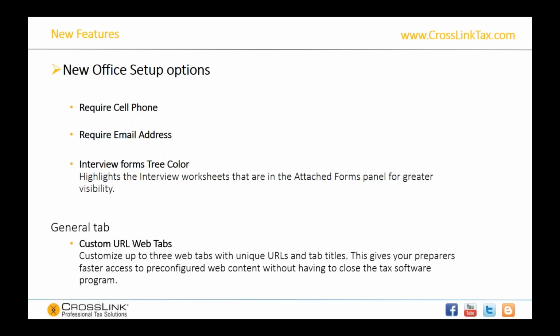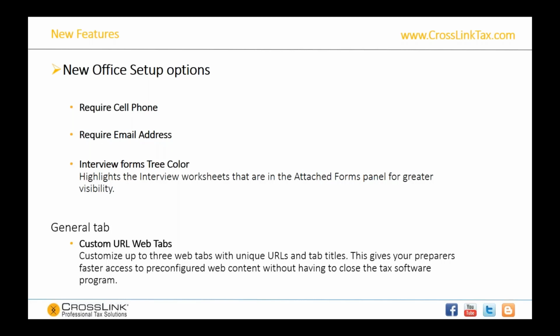Now let's take a look at the General tab. This is an interesting new feature that we've launched here with CrossLink 2020. This allows you to create additional web tabs. You know how on the top of the CrossLink software, you have these different tabs. At the very top, you have the 1040 returns, business returns. You have one called website, which takes you to crosslinktax.com.